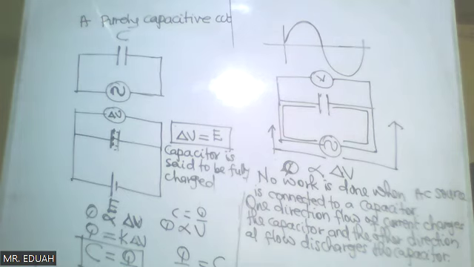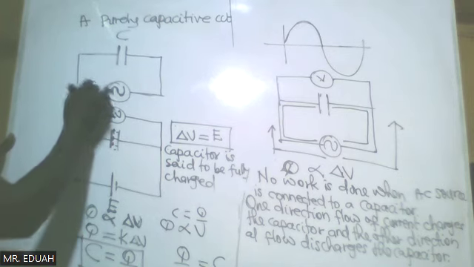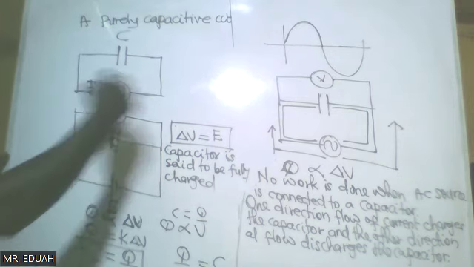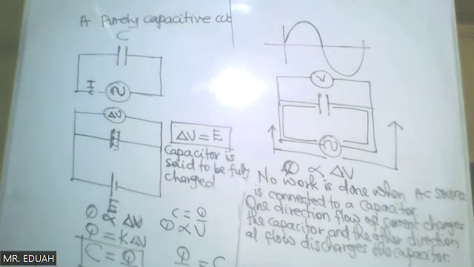So let's look at the phasor diagram. The phasor diagram of a purely capacitive circuit is that when you connect it to AC, the current flow leads the voltage by an angle of 90 degrees.